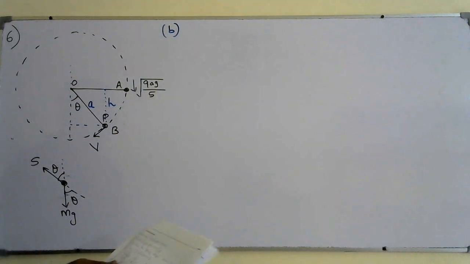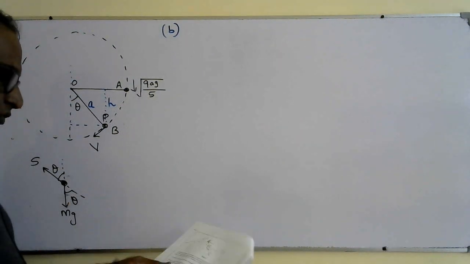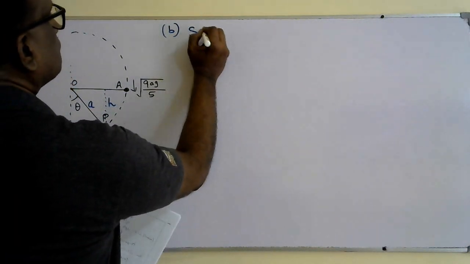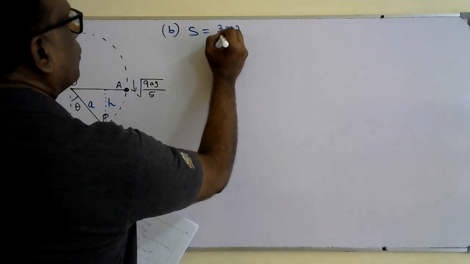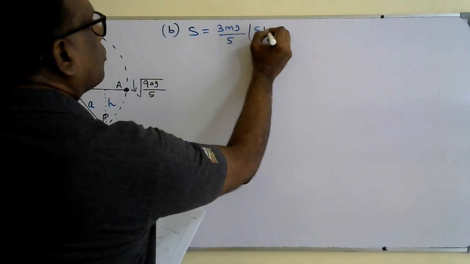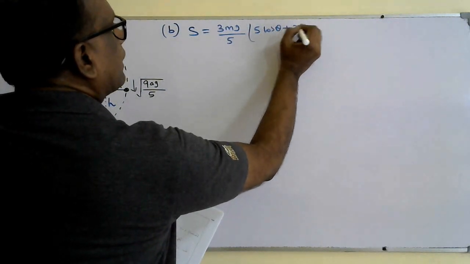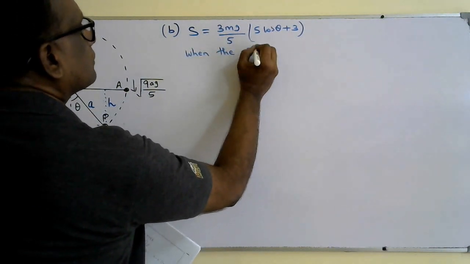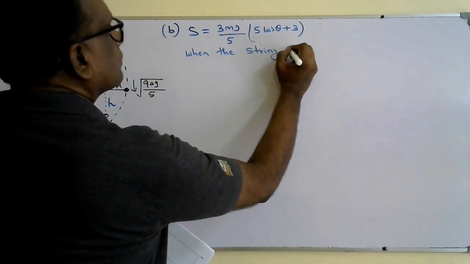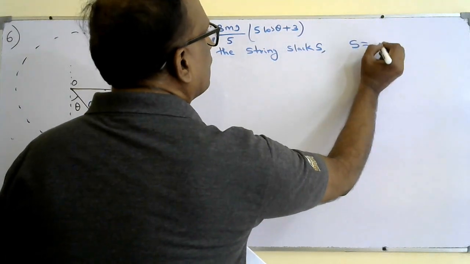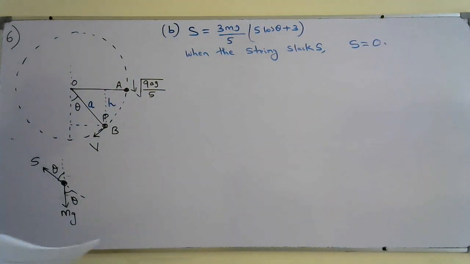Okay, so we got the equation for S in the B part: S equals 3mg over 5 times (5 cos theta plus 3). So when the string slacks, S equals 0.